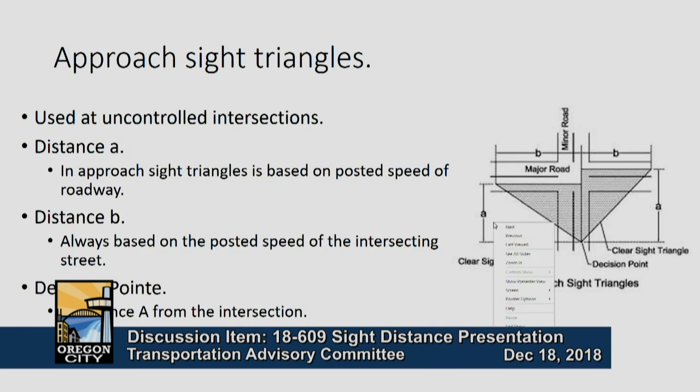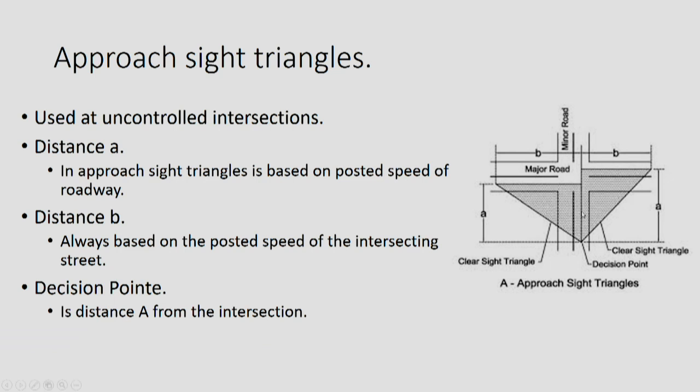There are two different kinds of triangles, and that's the approach triangle. You can see that one is on an uncontrolled intersection, like in a neighborhood, where a driver is approaching the intersection at the posted speed, 25 miles an hour, whatever that posted speed is. The other direction is also uncontrolled, so you have a site triangle that looks like that.